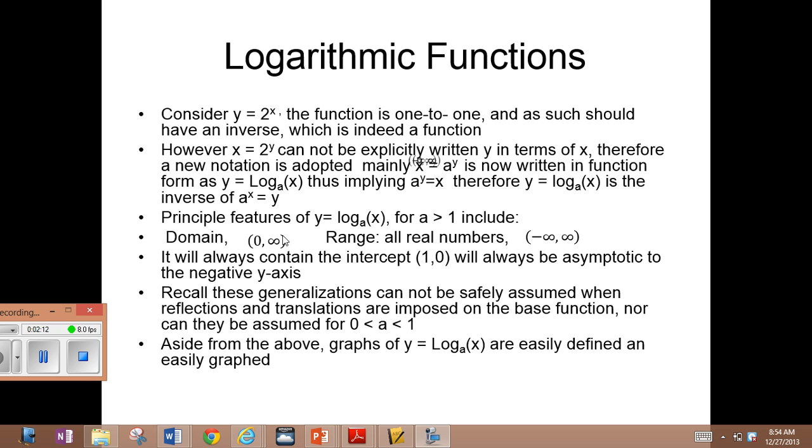What we should know about these log graphs, and we're going to limit it to the log functions for a values greater than 1. Being the inverse of an exponential, let's go back to the exponential y equals 2 to the x.